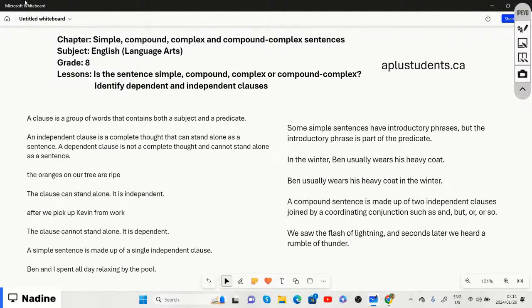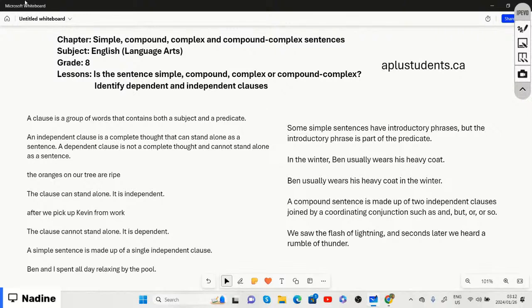When it comes to a compound sentence, on the other hand, a compound sentence is made up of two independent clauses joined by a coordinating conjunction such as and, but, or so.